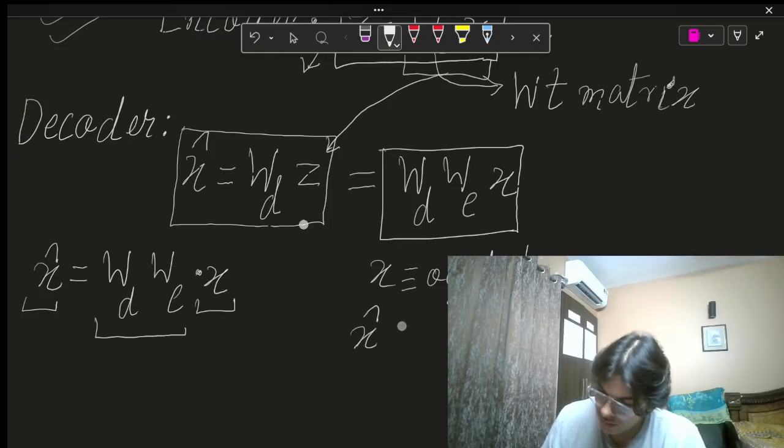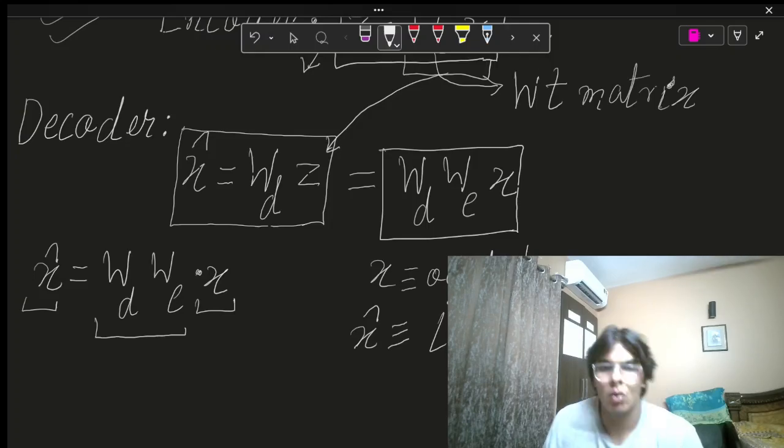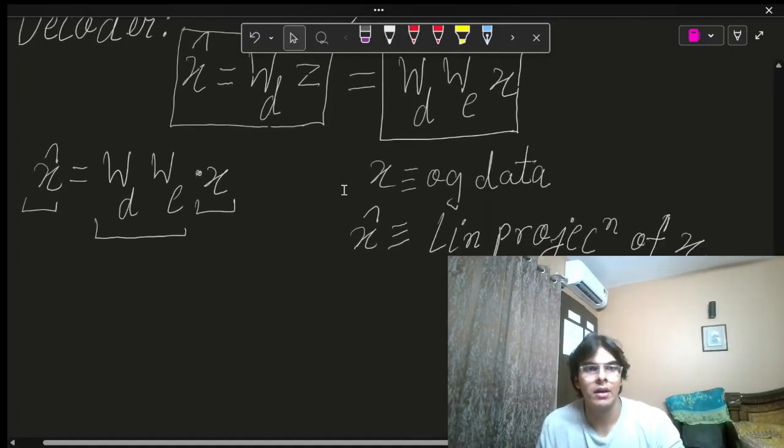X cap is the compressed or reconstructed data, and this is nothing but a linear projection of the original data x. Okay, very simple, right?